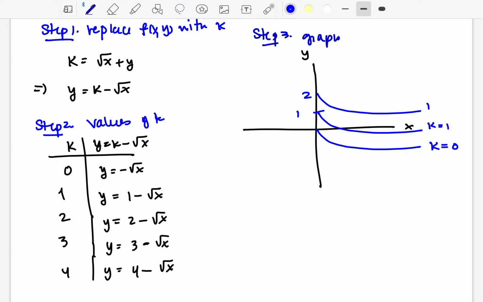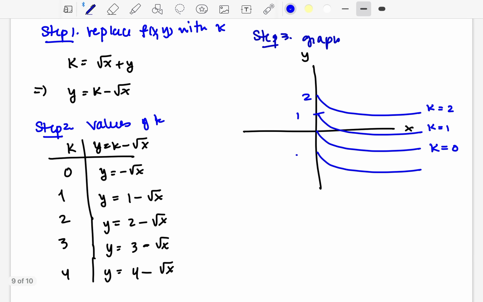And then if I take the same graph and I move it down 1 unit, even if I didn't put it in my table, this is k equals negative 1. And then I can even move it down 2 units, okay? So it's whatever makes more sense to you, okay? So this corresponds to k equals negative 2.